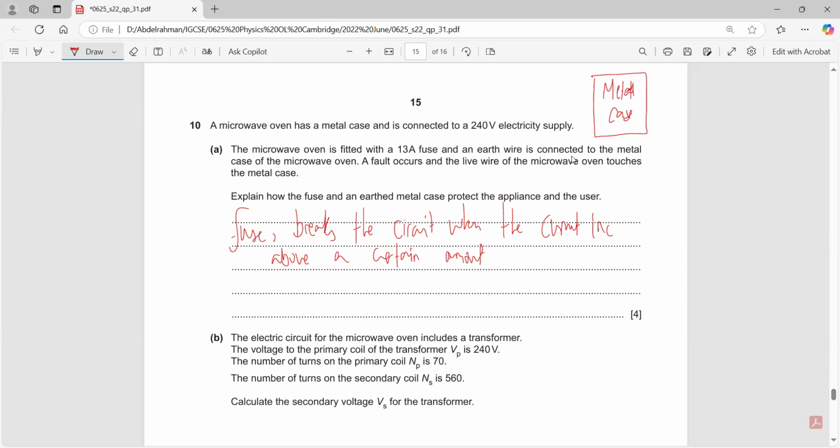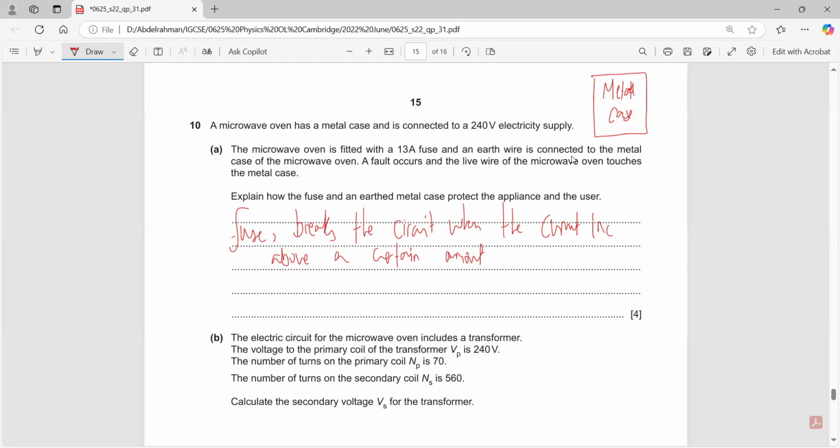So if the live wire, the positive end of the wire, touches this metal case for any reason, and you touch the case at the same time, what happens? You'll get electrocuted. So an electric shock.